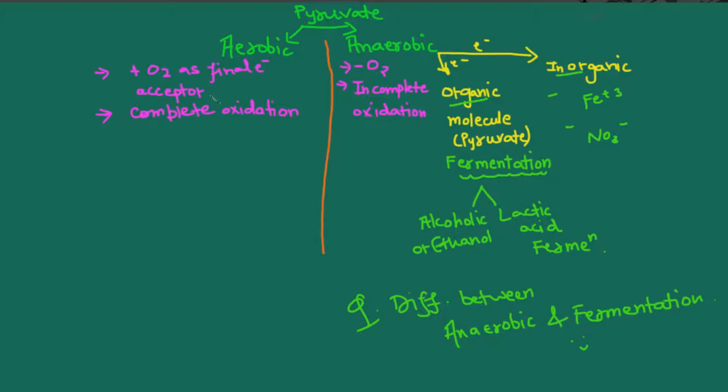Alright, over here there are many steps involved. There is a link reaction, there will be a Krebs cycle, and finally an electron transport chain, or you can say electron transport system.